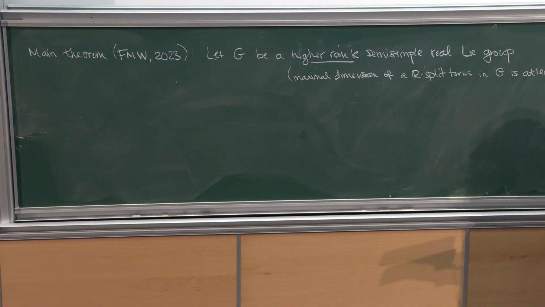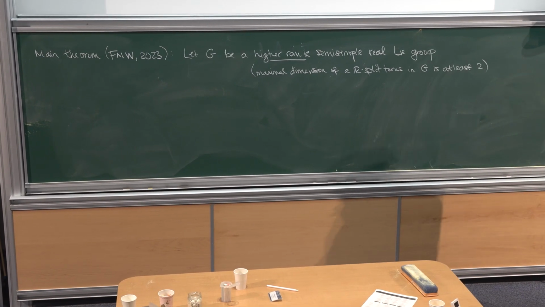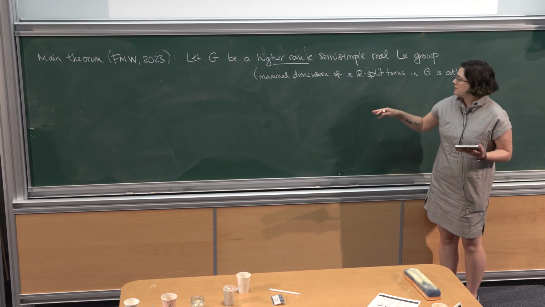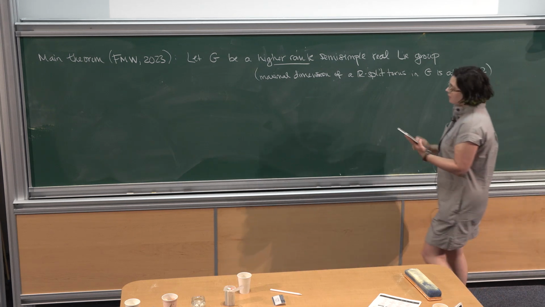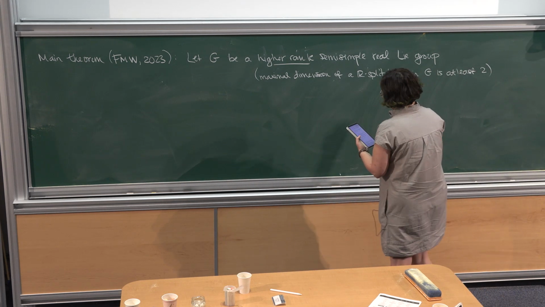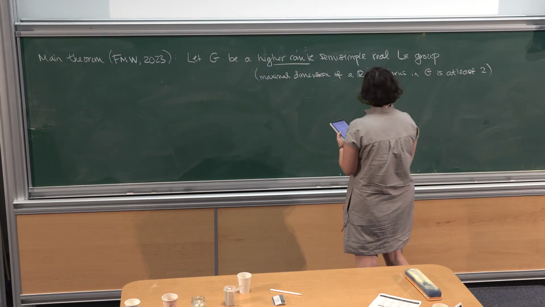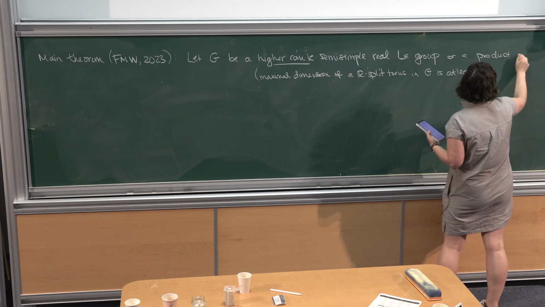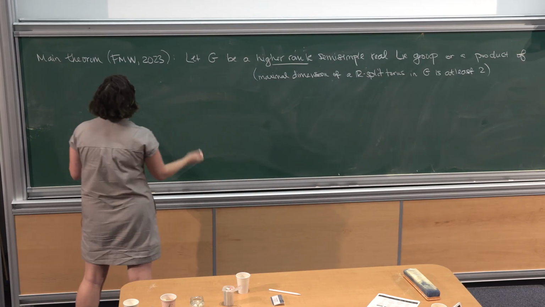A nice example to keep in mind for G is SLnR, in which case this R-split torus is the subgroup of diagonal matrices. We could also think of G as a product of automorphism groups of trees.